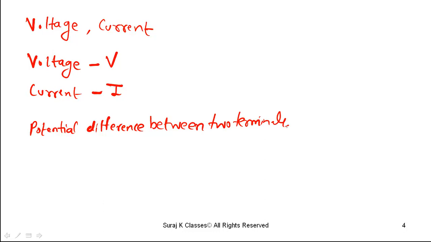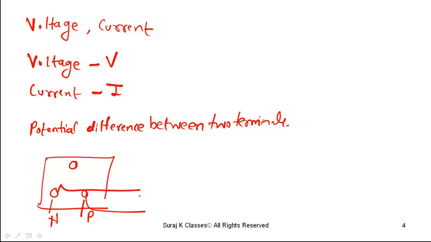How? Whenever you measure the voltage in your 3-pin socket, this one stands for phase, this one for neutral, and if you measure across these two, you will get 230 volt in between. That is nothing but the voltage.